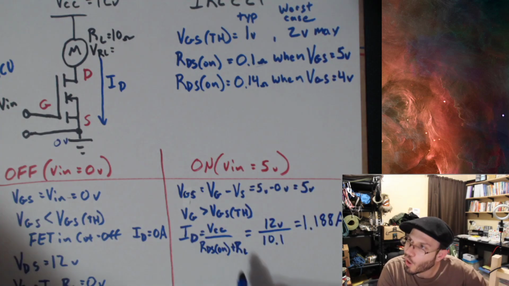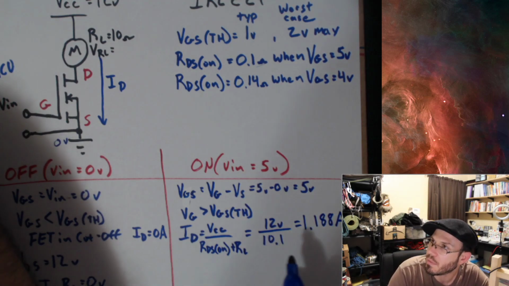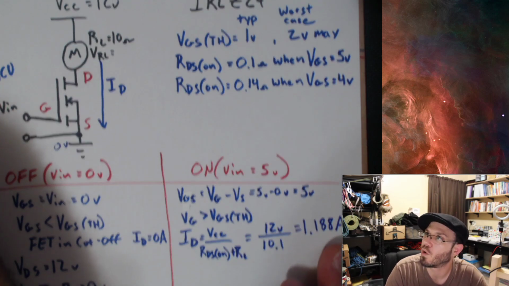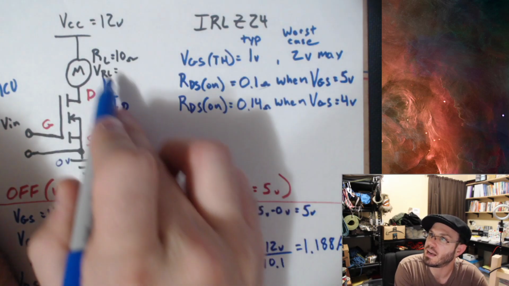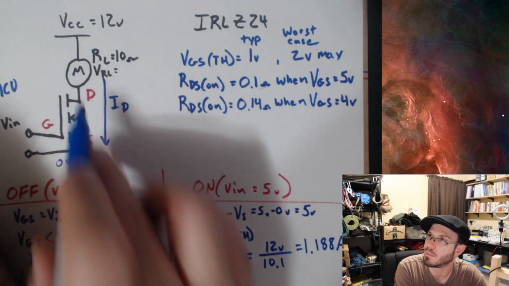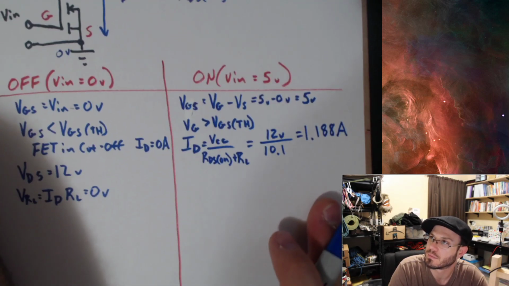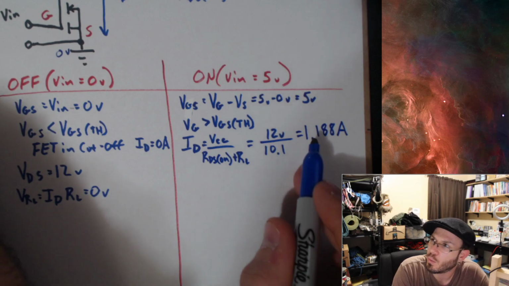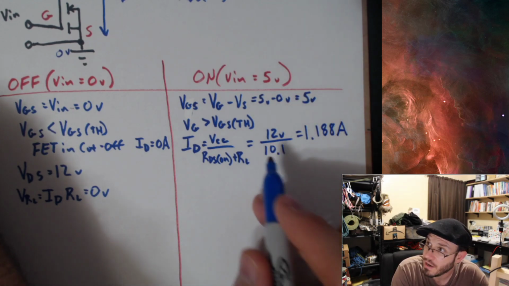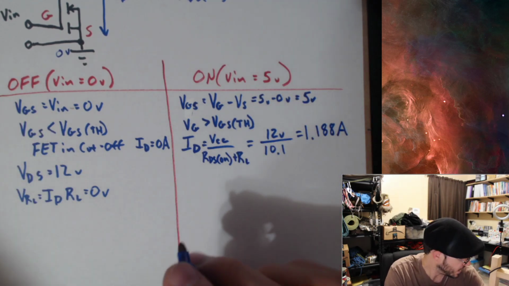And so RDS being 0.1, RL being 10, we get 12 volts divided by the series combination of both these resistances. And so now we know what the drain current is. Very easy to figure that out.